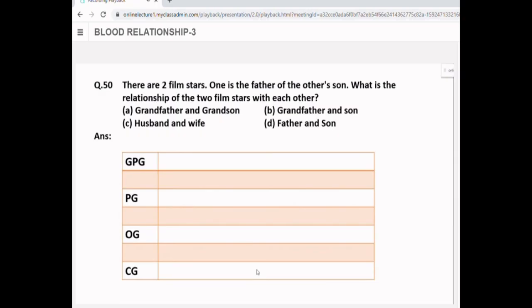Those who got that answer D, WhatsApp me your diagram. Let me see what diagram you got. I was waiting for this.